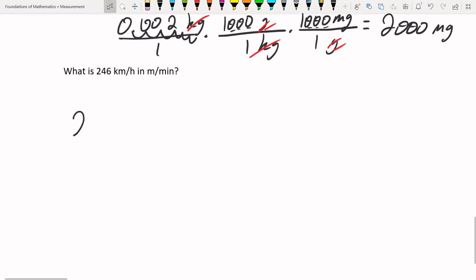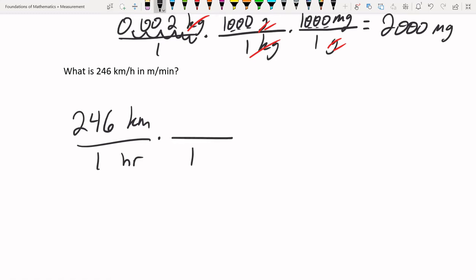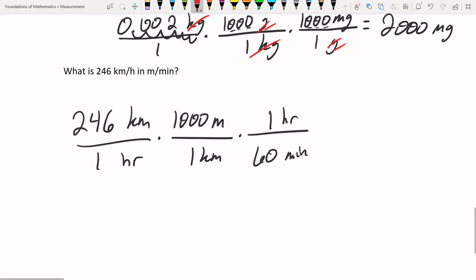Okay, 246 kilometers per 1 hour in meters per minute. So 1 kilometer is 1,000 meters. 1 hour is 60 minutes. Those cancel.